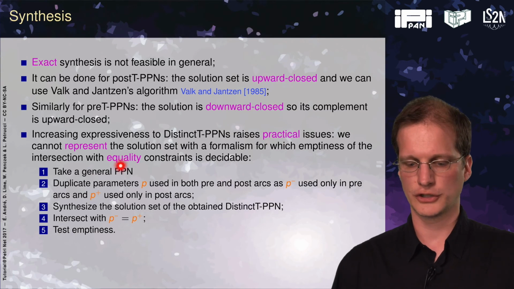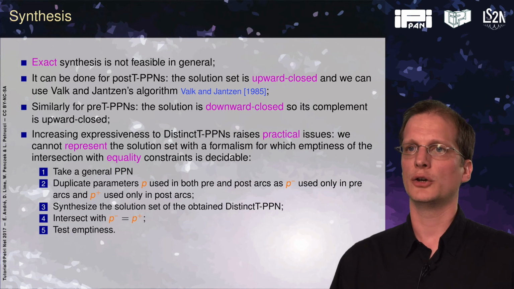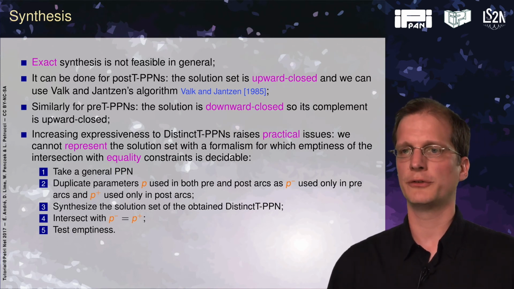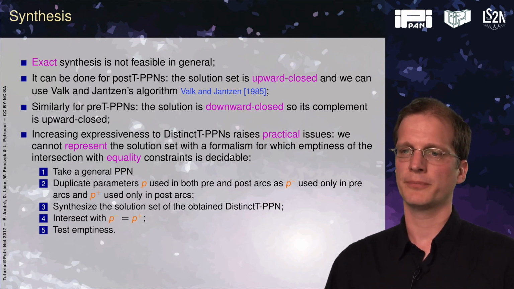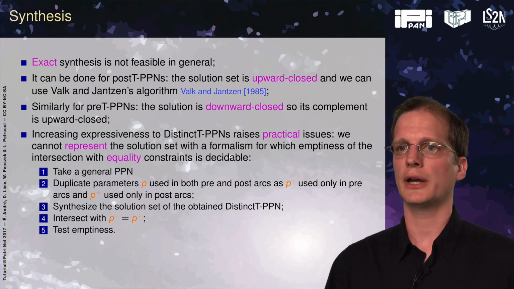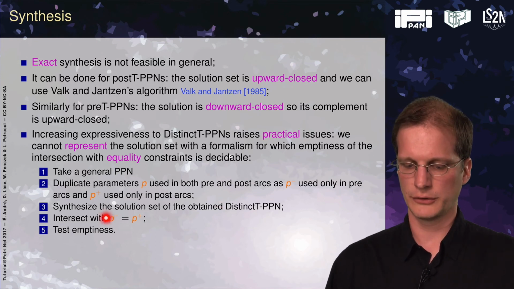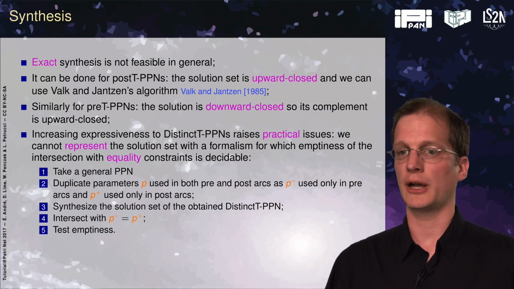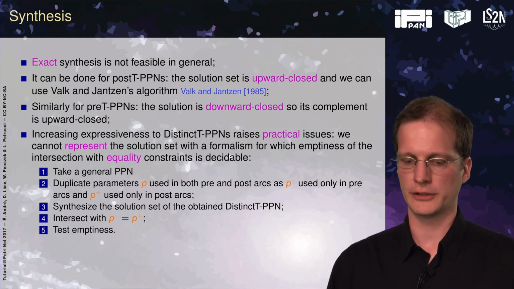You just take a general Petri net, and then of course it has parameters that are both used in input arcs and in output arcs. Then you will split this parameter in two parameters, one used only in input arcs and one used only in output arcs. Then if we suppose we can compute the solution set, then we do it. Then we intersect with the constraints which correspond to both versions of the same parameter being actually equal to get back the real values of my original net.